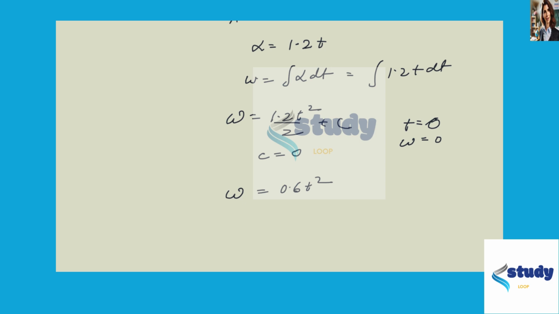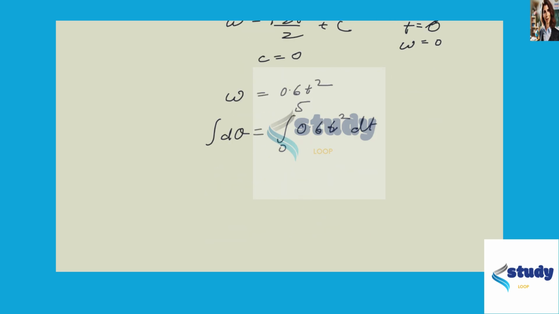And the integral of d theta will be the integral of 0.6 t squared dt, and this will be from 0 to 5 seconds.